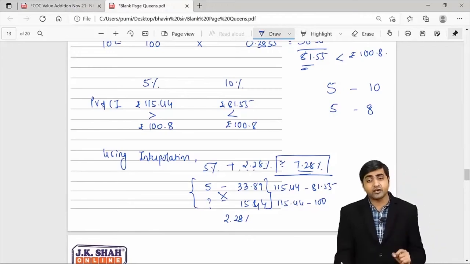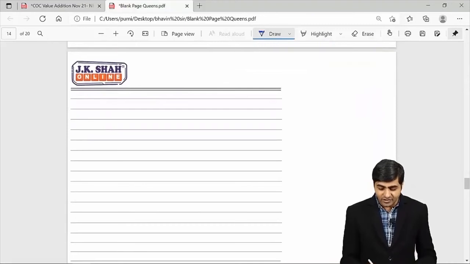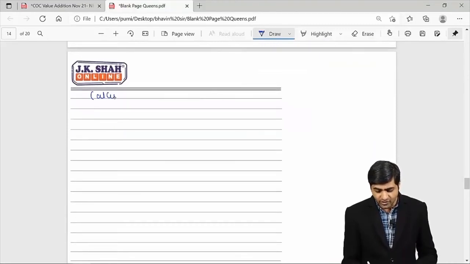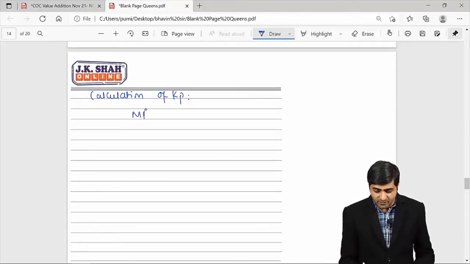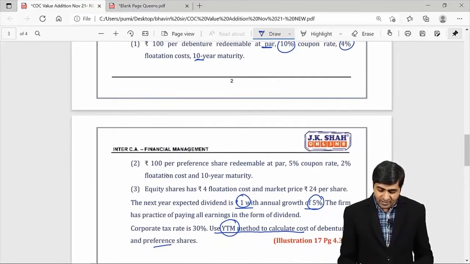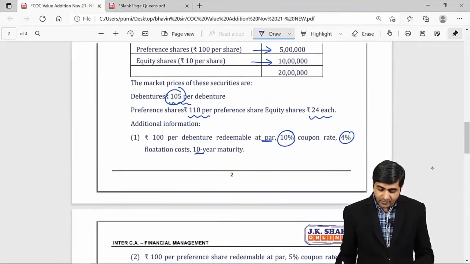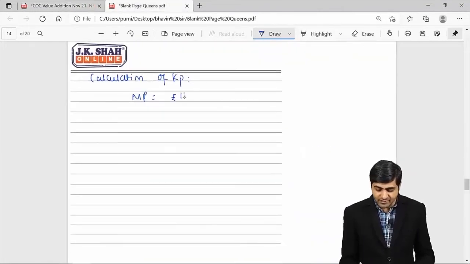So guys, for the calculation of cost of preference shares, the same series we have to take into consideration using your YTM. The only difference here is that we are going to take into consideration the preference dividend. First of all, what is the market price of the preference shares? Just check. The market price of the preference share in this particular question is 110.